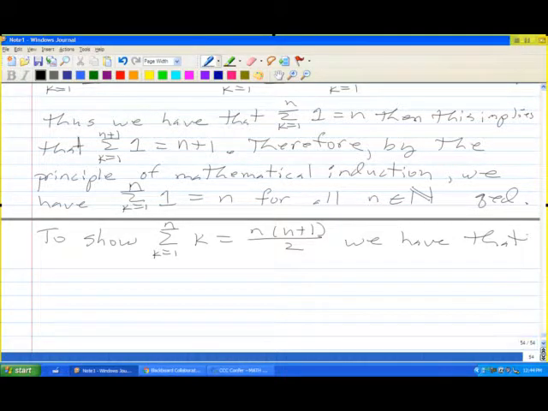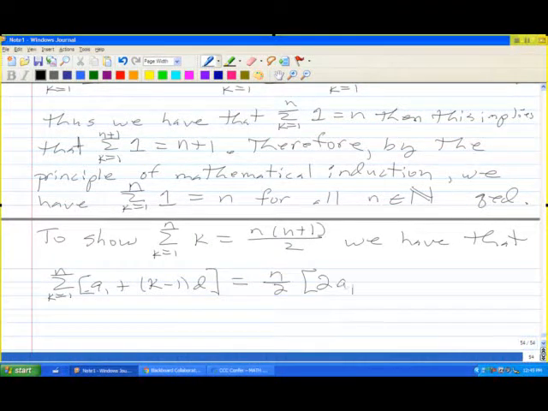We have that the sum k equaling 1 to n of a1 plus k minus 1 times d is equal to n over 2 times 2a1 plus n minus 1 times d. So we've already shown that.